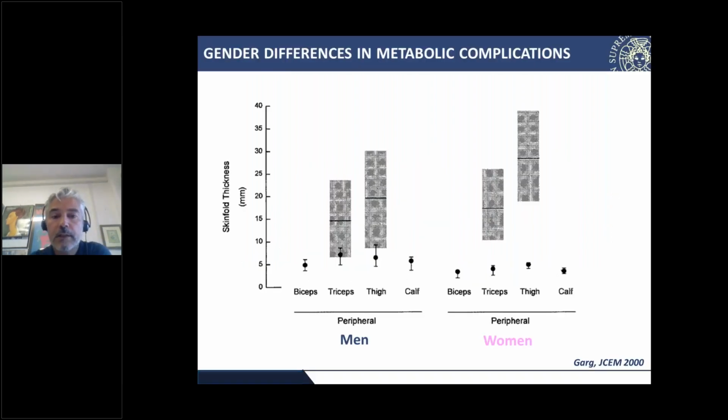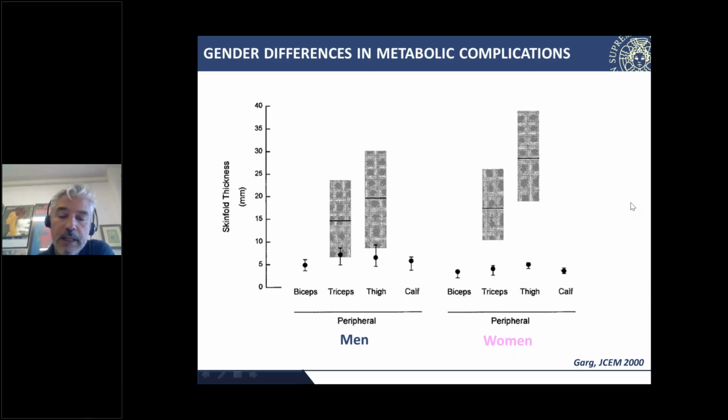I'm using this slide just to stress one point. You may have seen that most of the lipodystrophic patients, the predominance, probably 70%, are female. So why is that? Fundamentally for two reasons.